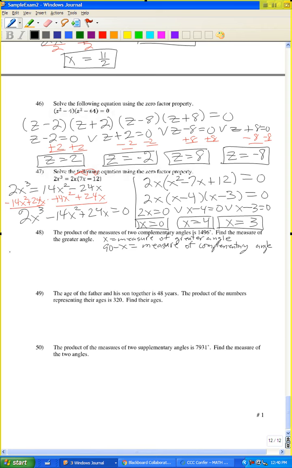And so their product is 1496. So multiply the x inside the parentheses. So you get 90x minus x squared is 1496.